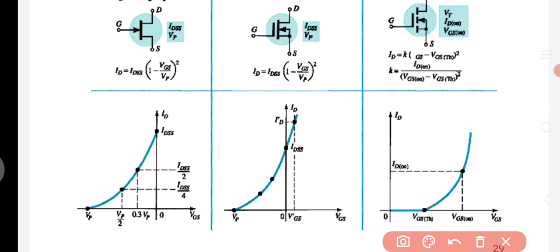The only difference between D MOSFET and enhancement mode MOSFET is that the D MOSFET operates in 2 modes, depletion mode and enhancement mode. But the enhancement mode MOSFET operates only in enhancement mode, and that is only positive values.